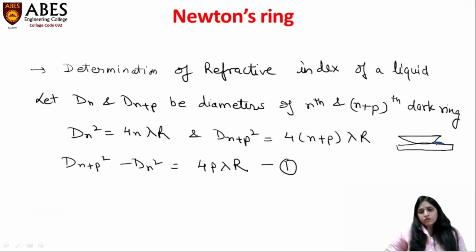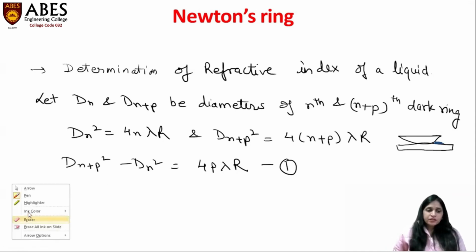So you all know that when we introduce the liquid, the refractive index will not remain 1, because now the total film is not an air film. Now there is some liquid introduced, so there will be some change in the diameter of the rings. It will not be the same diameter as when it was a total air film between the plano-convex lens and glass plate. So let us again consider, after introducing the liquid, what will happen.